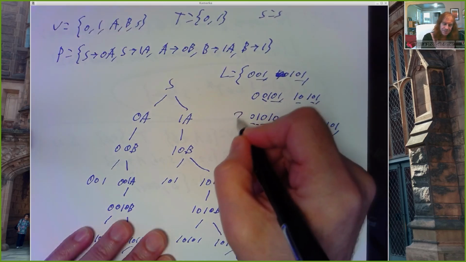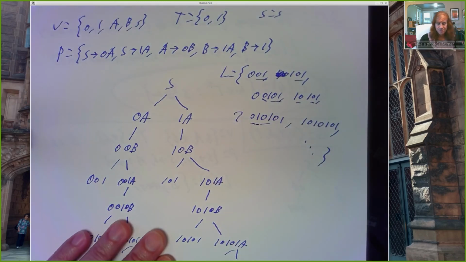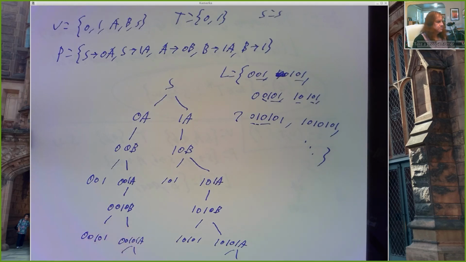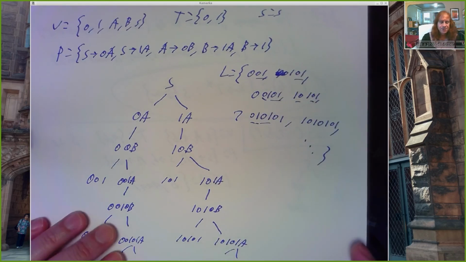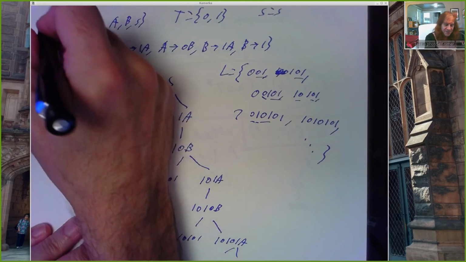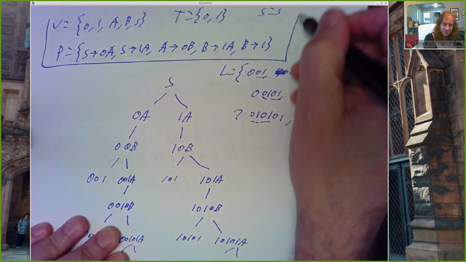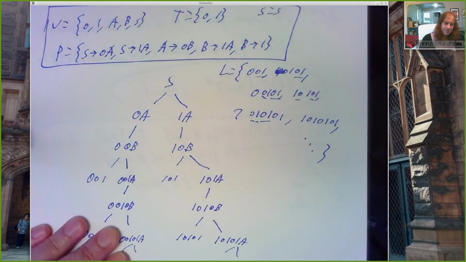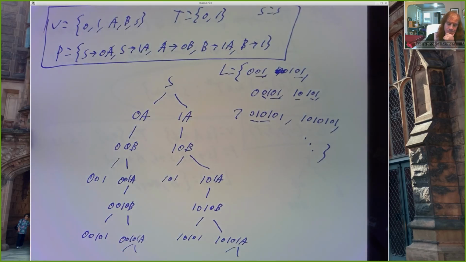I think I messed this one up. So it's an infinite language, but it's described with this very finite set of information. Vocabulary, terminal symbols, start symbols, and a handful of production rules.